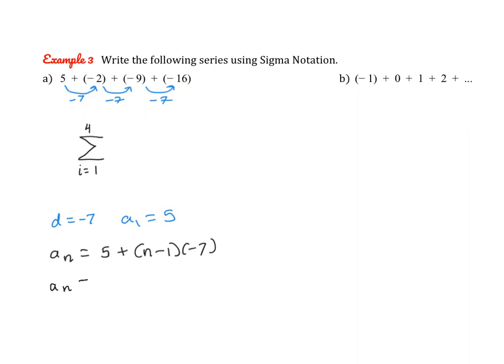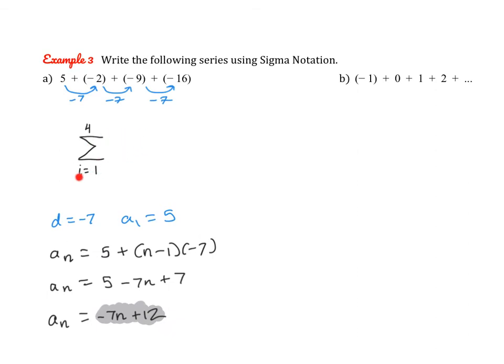And now we need to distribute and combine like terms. So it's going to be 5 minus 7n plus 7. So our rule is negative 7n plus 12. This explicit rule is what I'm going to write to the right of my sigma.